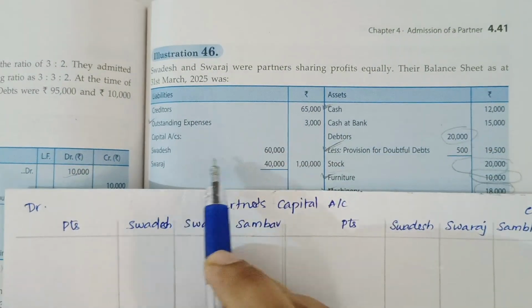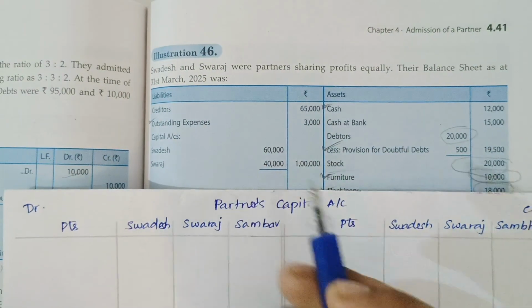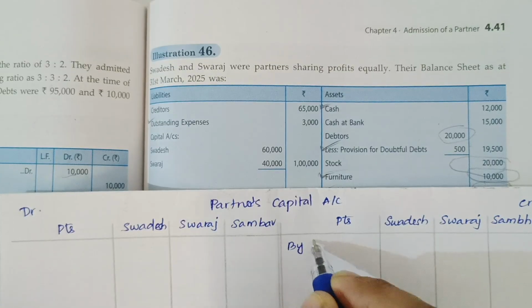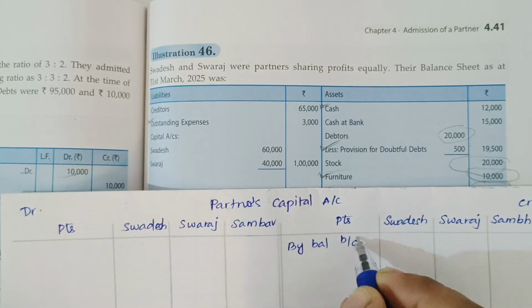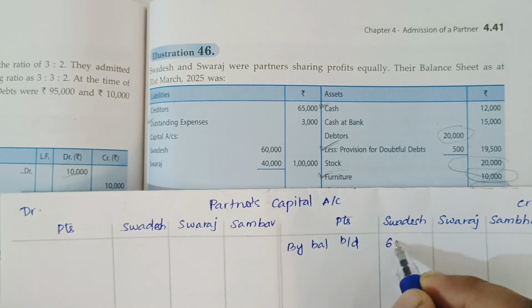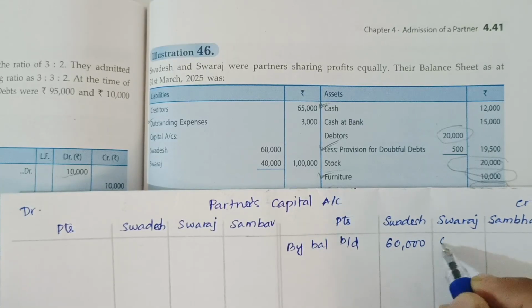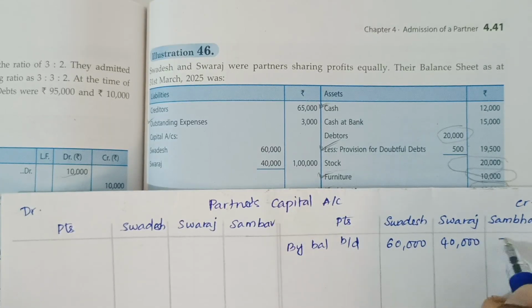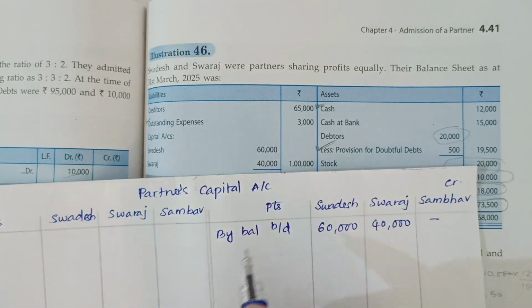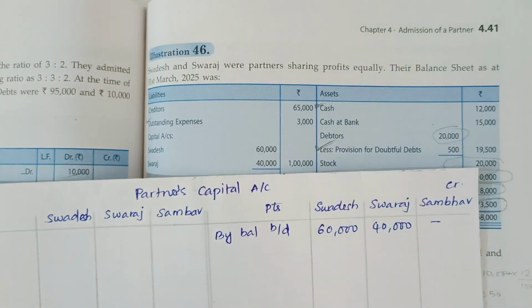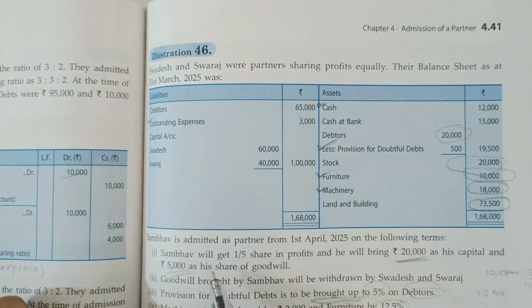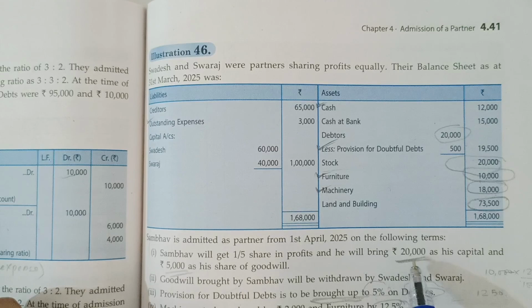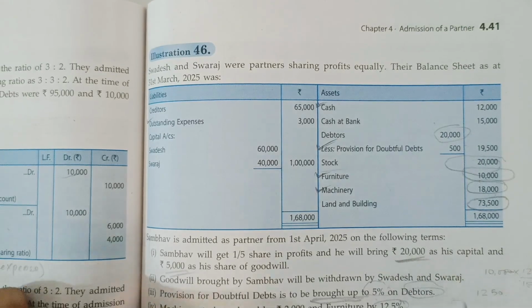So old partners' capitals were 60,000 and 40,000. So by balance brought down, Swadesh's capital was 60,000 and Swaraj's capital was 40,000. And Sambhav brought his capital in cash of 20,000.